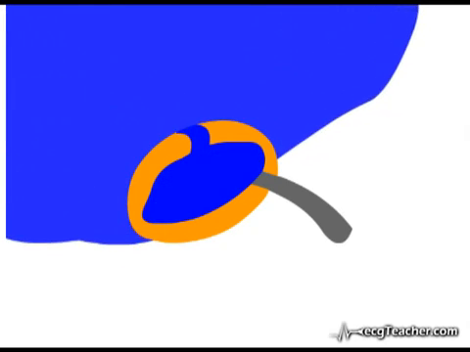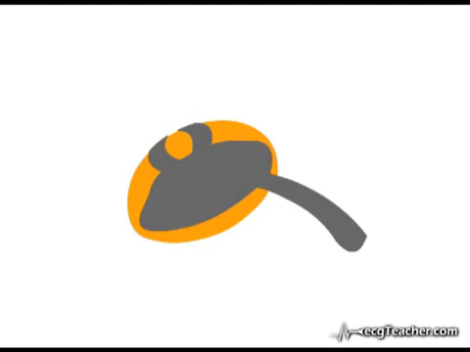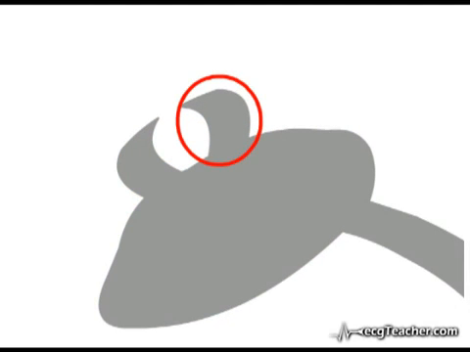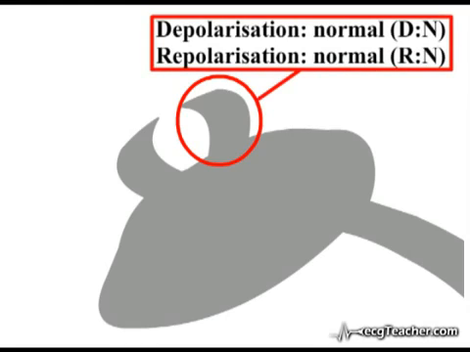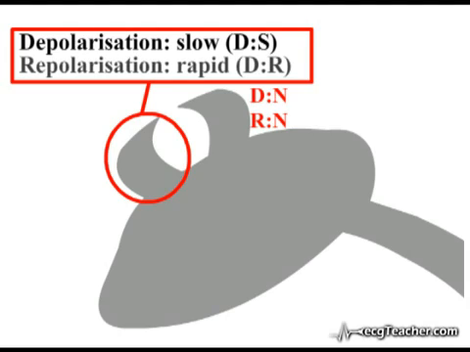In 90% of individuals, this tract is singular. 10% of subjects, however, are born with two tracts leading into the node, and crucially, these tracts have differing electrical properties.